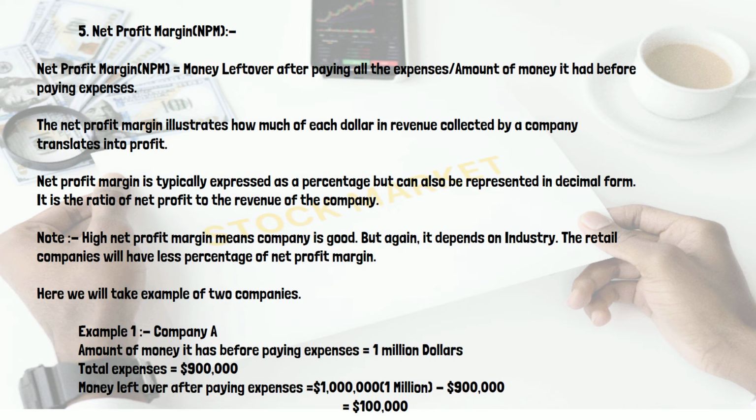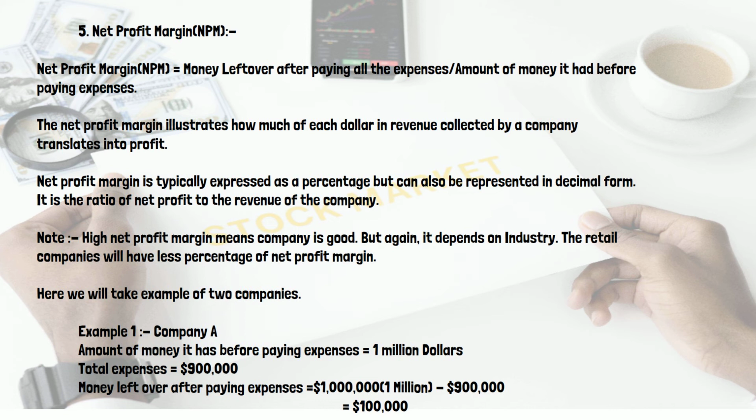Net profit margin is typically expressed as a percentage, but can also be represented in decimal form. It is the ratio of net profit to the revenue of the company. Note: a high net profit margin means the company is good. But again, it depends on the industry. Retail companies will have a lower net profit margin.